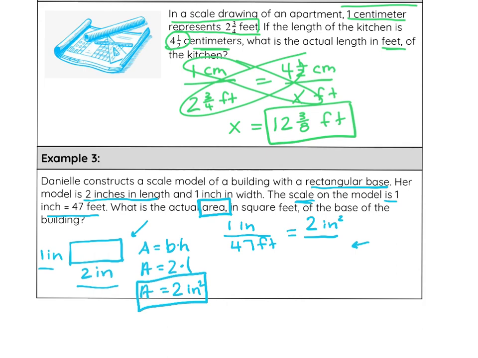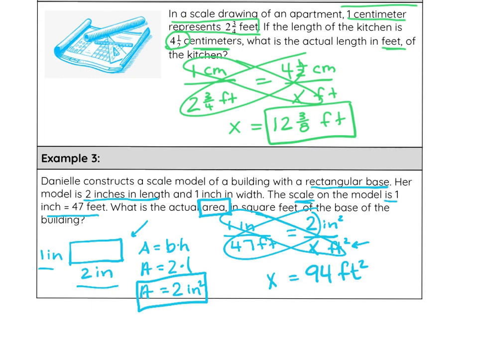Now we're looking for the actual area in feet. So now we just go ahead and continue as normal. 1 times x is 1x, or just x. 47 times 2, 94. And that would be in feet squared.